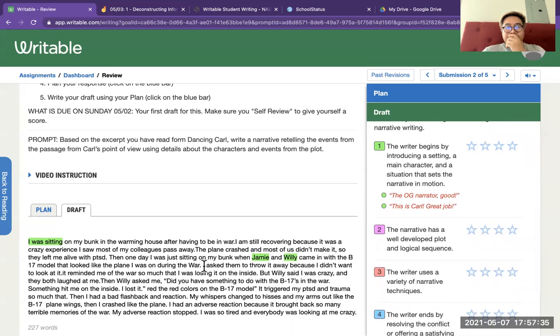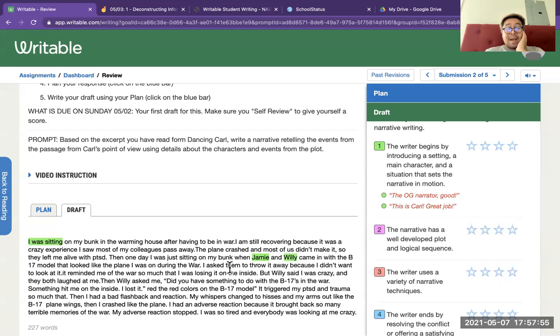Okay. I can't highlight it because these highlighters go with the numbers, but something with the sequence of events or the order of events kind of sticks out to me. So Jamie and Willie came in, and the writer said, I asked them to throw it away because I didn't want to look at it.